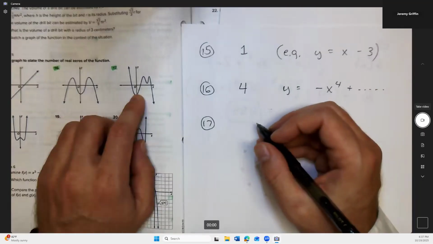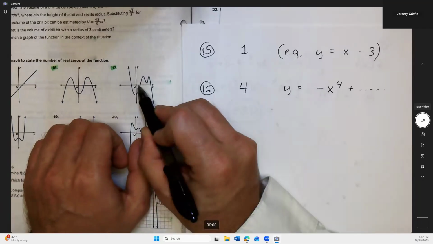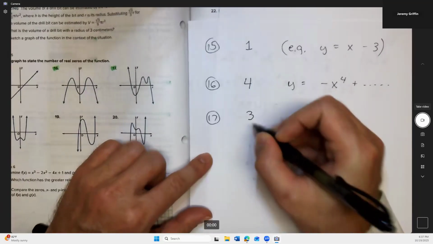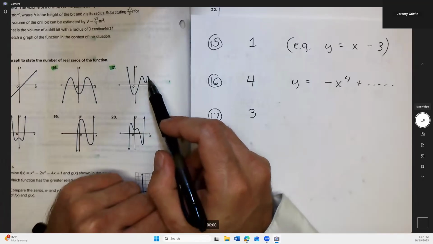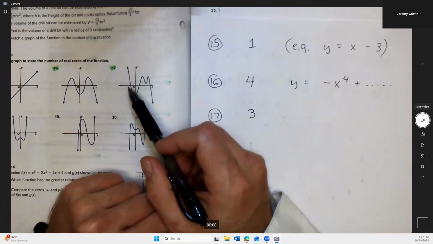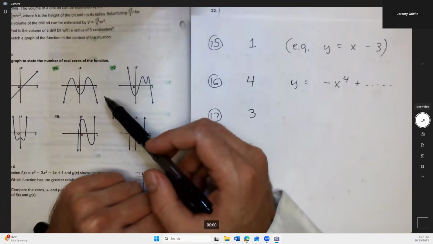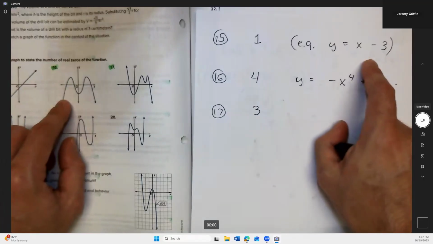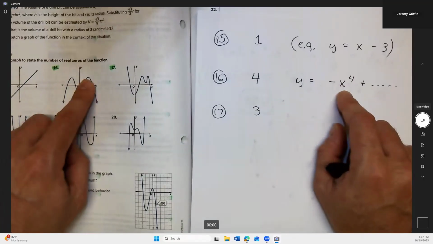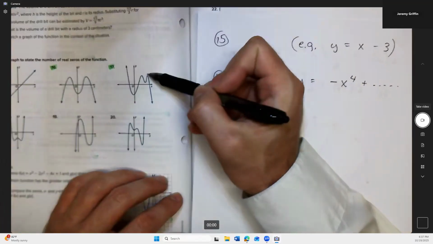And then how about number 17? I see 1, 2, 3 places it crosses the x-axis. Now, interestingly, it does dip down like it wants to cross again, but it didn't quite make it. It turns around again. You see how x to the 1 has just one straight shot, and x to the power 4 at least has 1, 2, 3, 4. Well, this has 1, 2, 3, 4, 5.